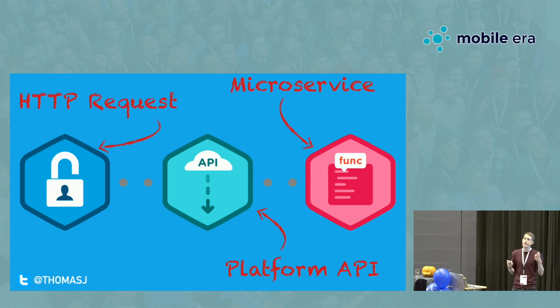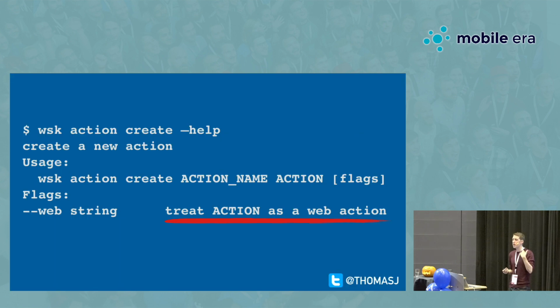And often when you're creating API endpoints, you want public API endpoints, right? You want people to be able to talk to them, the front end to be able to talk to them, with no authentication. And OpenWhisk has two different ways to make this relatively easy. The first is by creating something we call a web action. When you create your actions on the command line, there's a little flag you can set, --web. You can set this to true; it defaults to false.